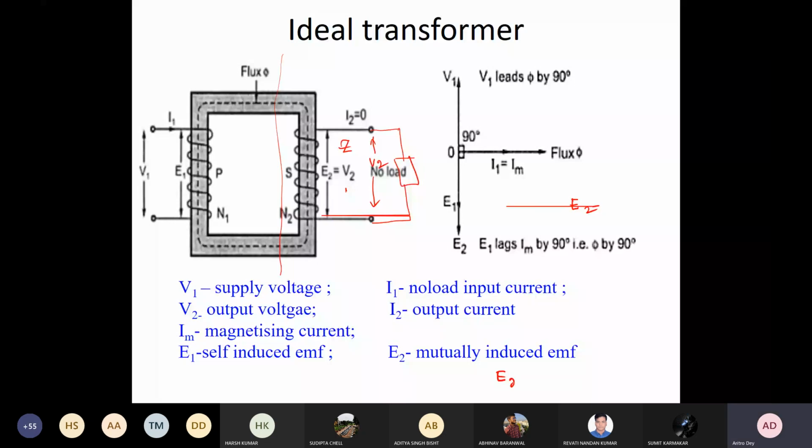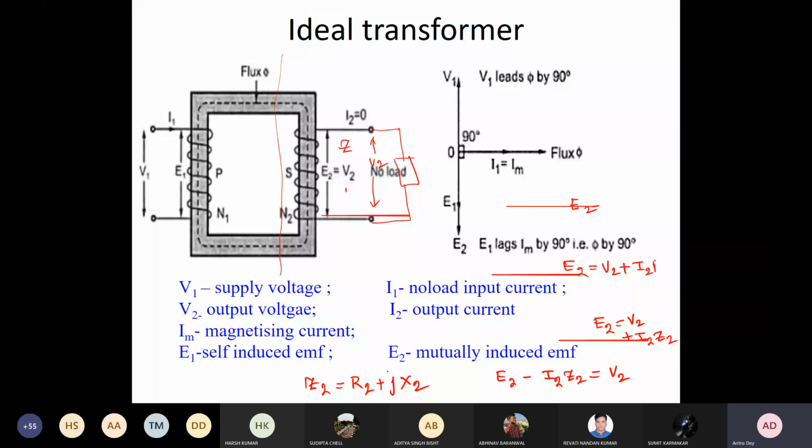So E2 is the phasor sum of V2 plus I2 into Z2, or if Z2 is given as R2 plus jX2, then we can substitute and we get the phasor sum of E2 as V2 plus I2 into R2, and then j into I2 into X2. Okay, so with this we get this.